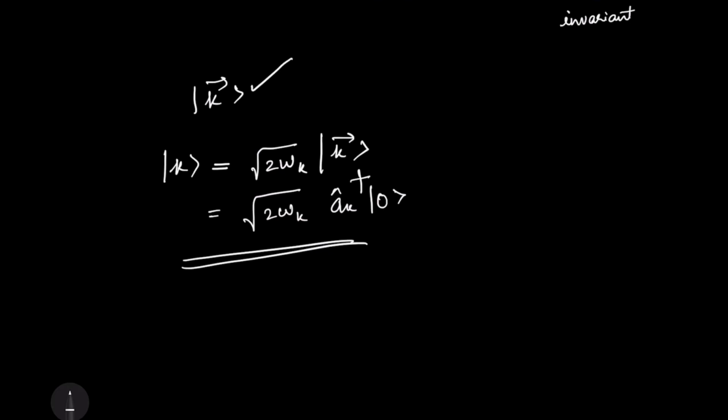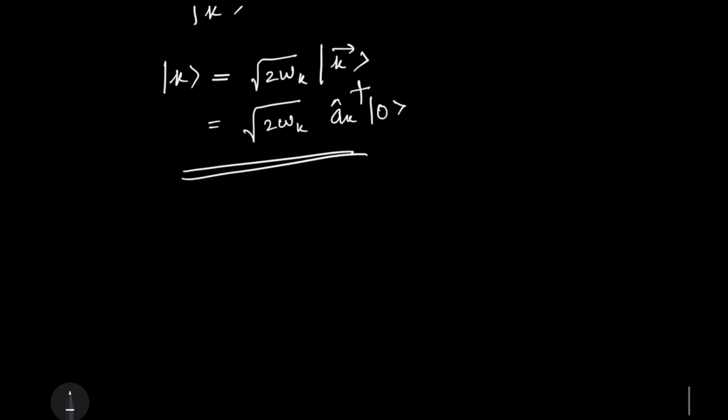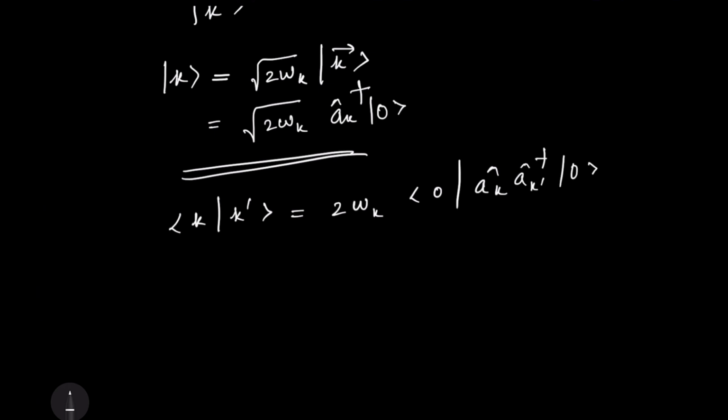Now in this case, the overlap of the new state with k prime will be equal to 2 omega_k, because root 2 omega times root 2 omega will be 2 omega, then 0 a_k' dagger 0, which means that this will be 2 omega_k 2 pi cube delta cube k minus k prime.